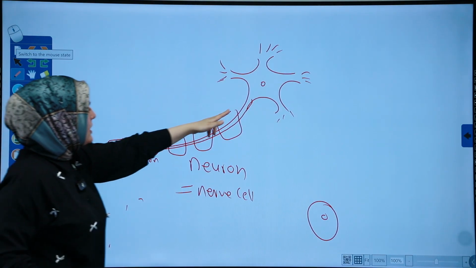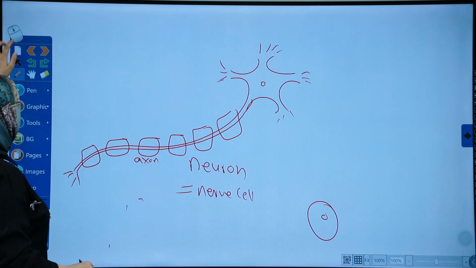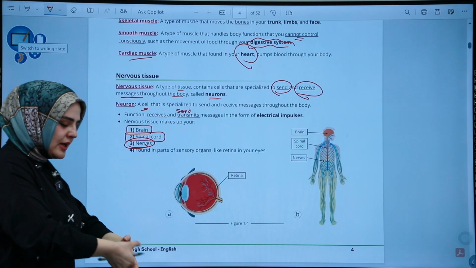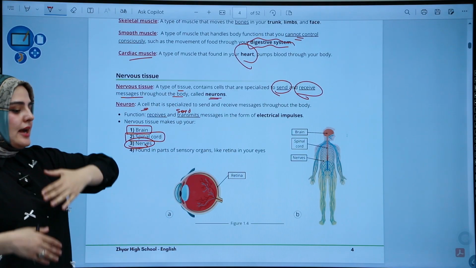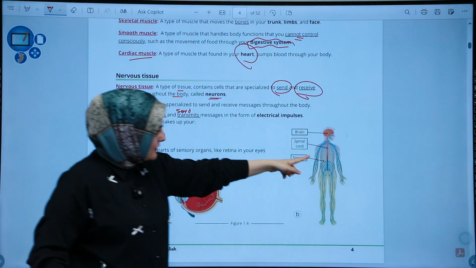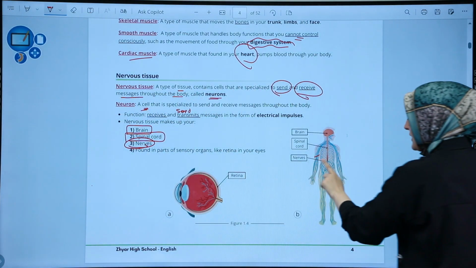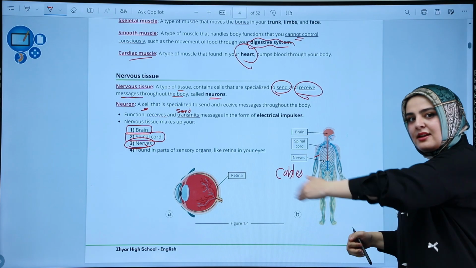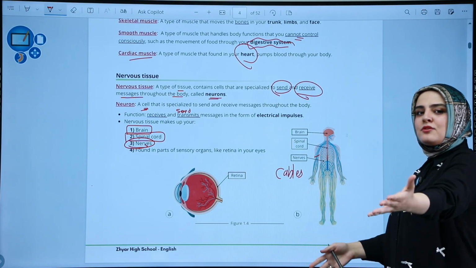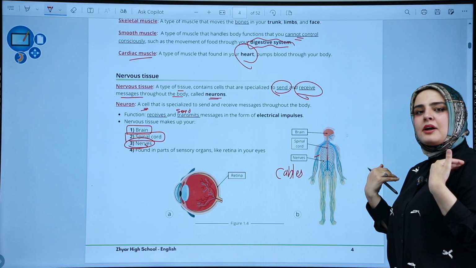This one, we said this is axon. A bunch of these become bundled together, and they create these cables, and they go throughout the body. Do you see it? All these are nerves. They're the cables. They are the ones sending everything from the brain to the rest of the body and everything from the body back to the brain.